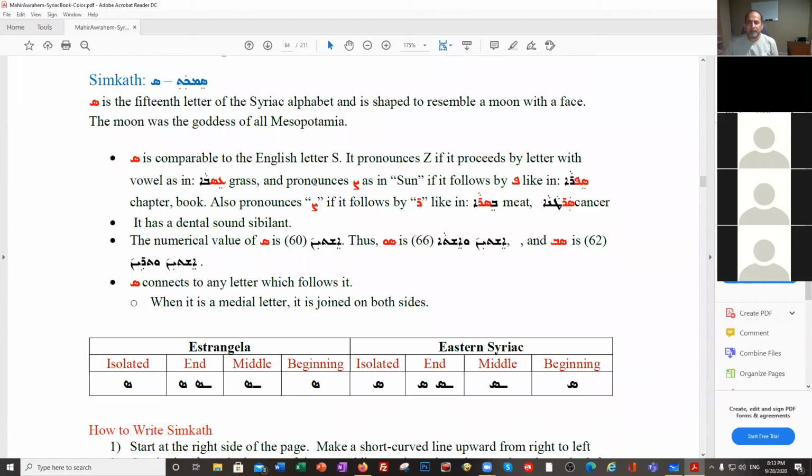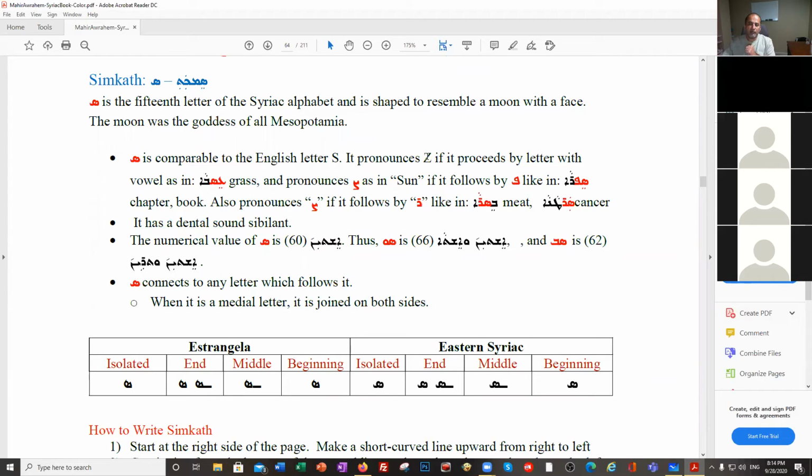It's as in English, sometimes pronounced like a z. Remember when S is pronounced like Z, when we have kap and qop or after the zain? Here we have something like zain. I mean, simkath, S is pronounced as zain in some words.